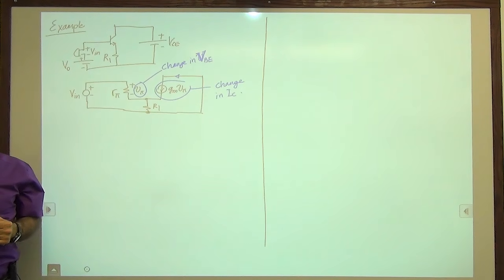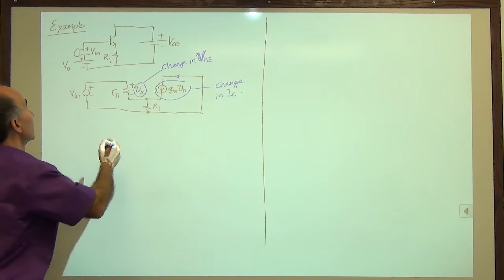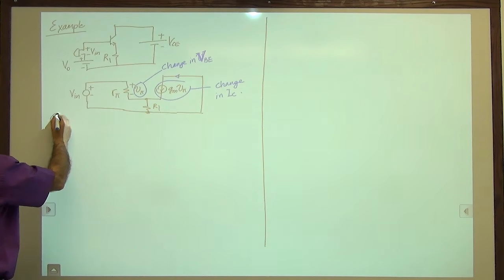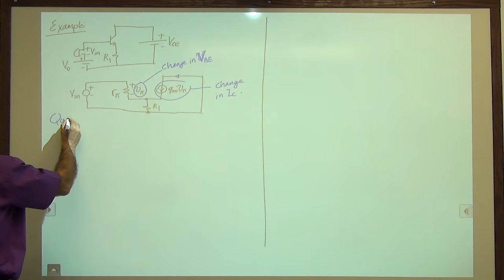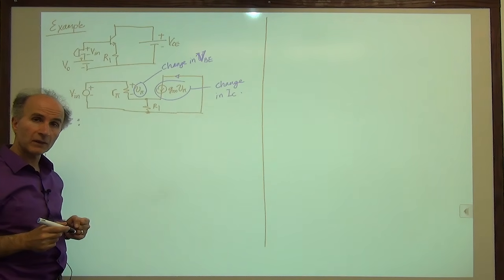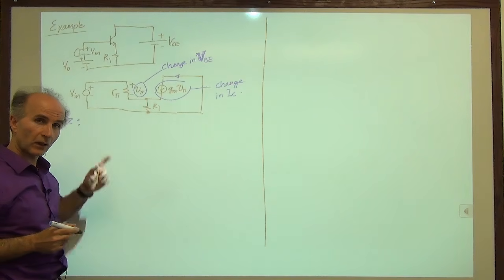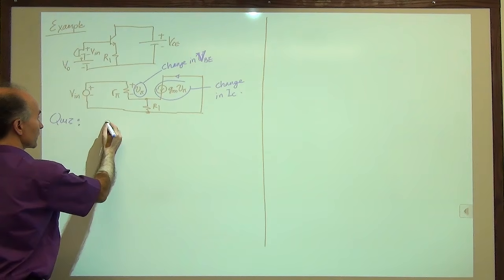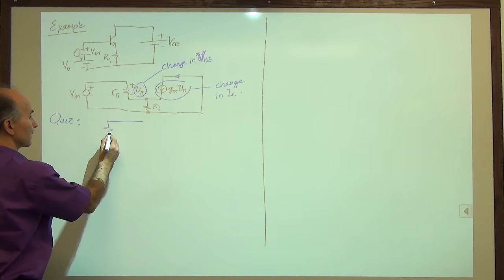All right, this is a little example. The next example is our quiz. So here's a quiz. We would like to draw the small signal equivalent circuit of what I will show you. So here's what we have.